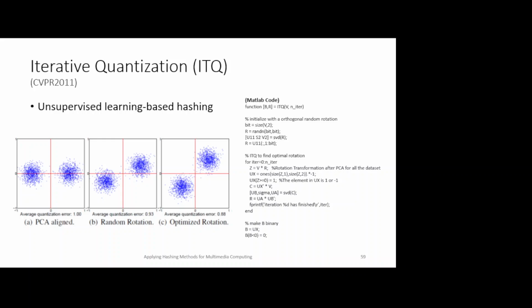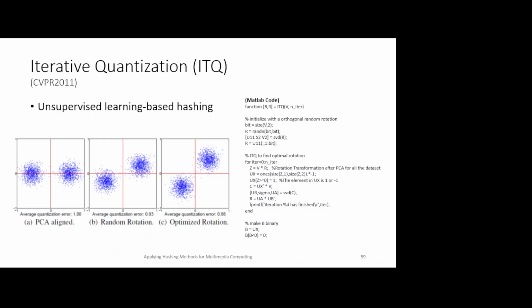So it's -1 and 1, but in binary code it will be 0, 1, 2 bits. This region is encoded as -1, -1, and this region as 1 and -1. We just use this assignment to calculate the average quantization error. Here in figure A, the error will be 1.